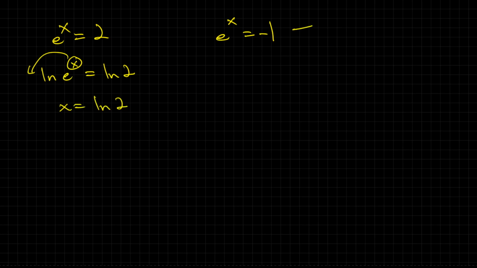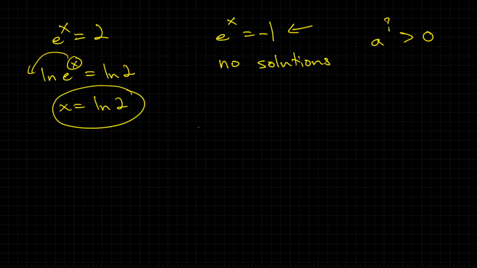And now in the second equation, we have e to the x is minus 1. But we know that any base raised to any power will always be bigger than 0. So e to anything could never be negative, so this will have no solutions. And so the only solution is going to be this ln 2.